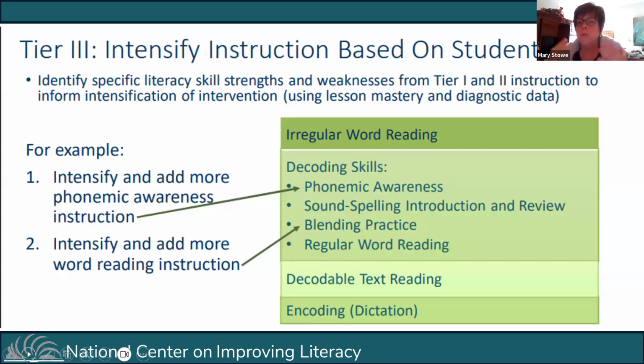And the students, we found that they needed more work around these pieces from some sort of data that was provided. So again, we're making these instructional decisions using data throughout.